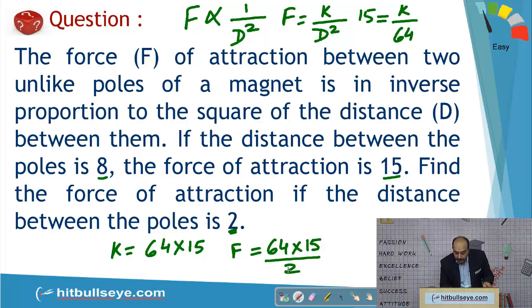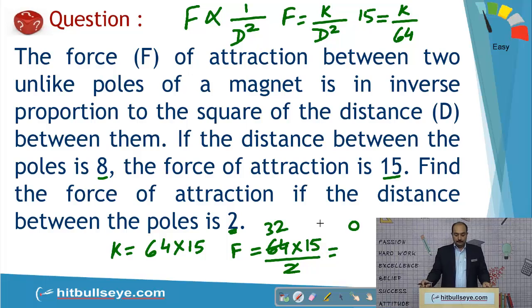So solving it, it's 32. So 32 into 15, it would be d square. So it will be 2 into 2, and we'll get 16. 16 into 15 gives us the answer as 240.